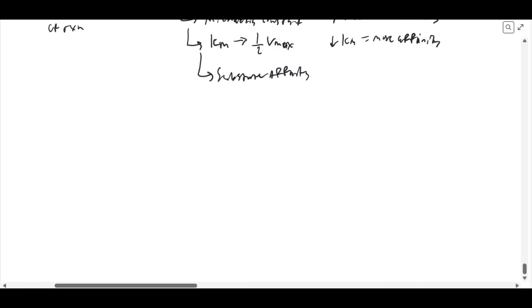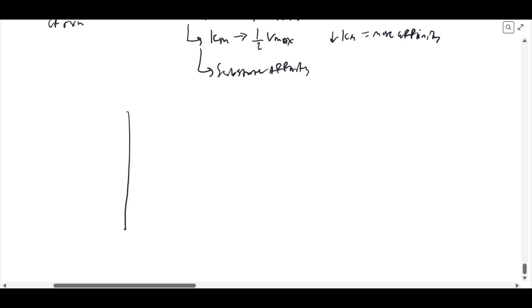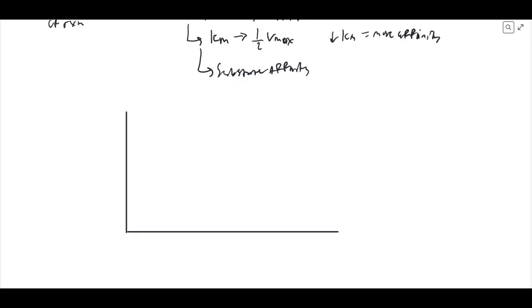And so we could basically graph this in its form typically as shown right here. The y-axis is the rate of reaction, and x is the substrate concentration. And typically in a Michaelis-Menten equation, when you're graphing it, you tend to see a graph that's shaped like this.